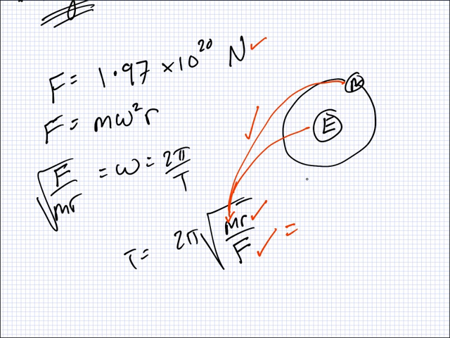Now, Ben, change that seconds into hours. Divide by 3,600. Right, show me. Okay, now change it into days. Divide by 24.